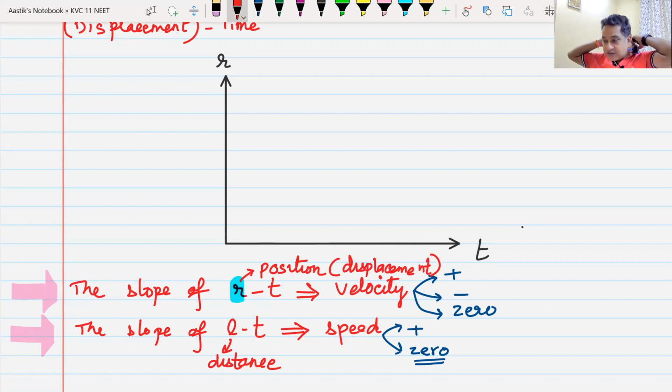The slope of distance time graph gives us speed. Have you noted it down? Okay. So now, once we know this, we can understand the different types of position time graph.